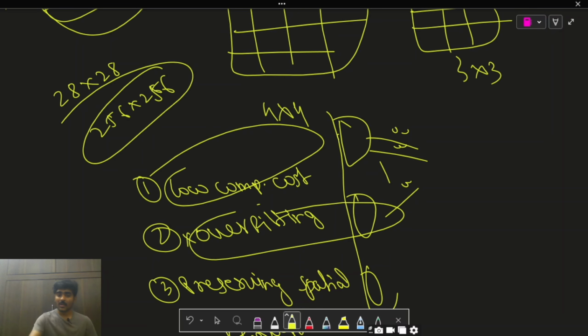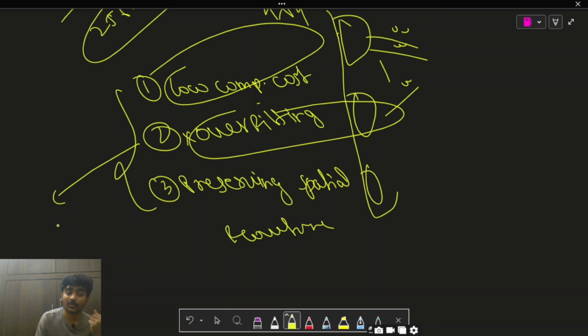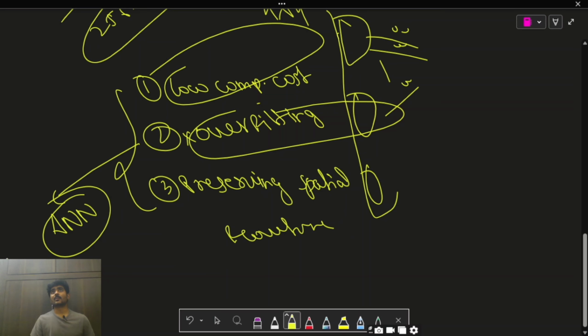If we have more trainable parameters, they tend to overfit. Last is preserving spatial features. Obviously in convolution neural networks we preserve the spatial features. These are the 3 advantages over artificial neural networks. We have already seen in our previous slide that convolution neural networks and artificial neural networks are very similar to each other.